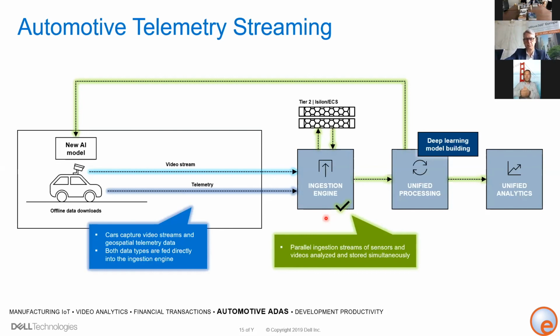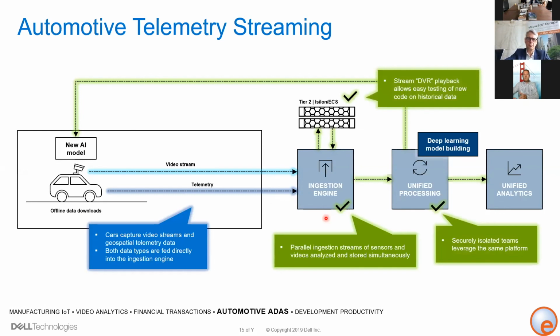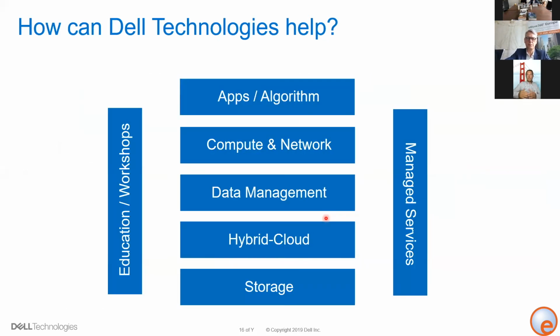Collecting data, ingesting data, analyzing data, and sending information back to the vehicle or to any other sensor or use case focused on smart factories or digital cities. So that's it from my side. What is Dell doing in the automotive landscape?